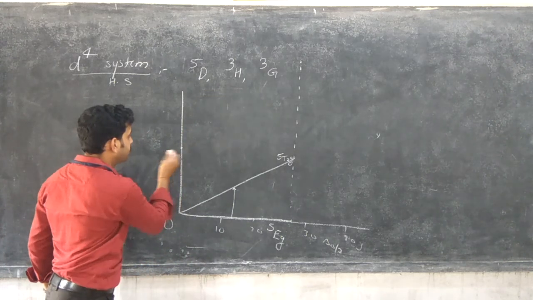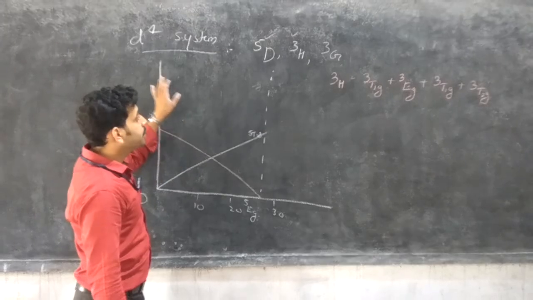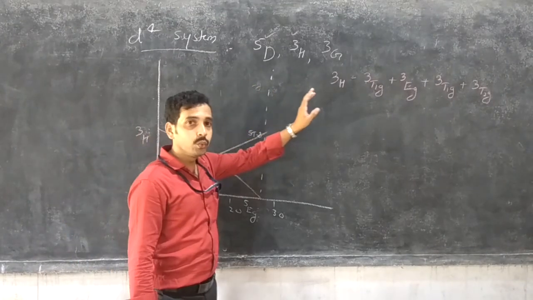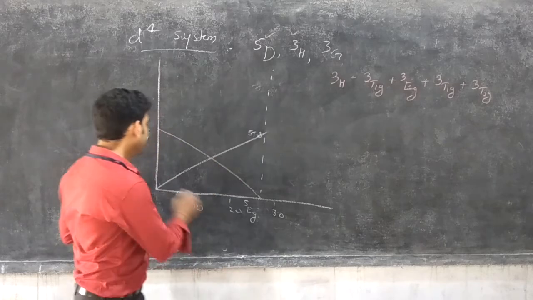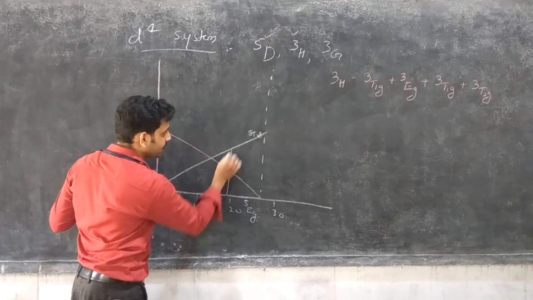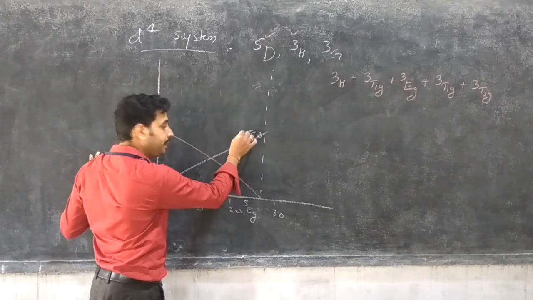In the D4 system, 5D, 3H, 3G are the Russell-Sanders terms. Out of that, 5D and 3H are considered. So that's why in the 5D system there is only one transitional line, due to 5EG to 5T2G.